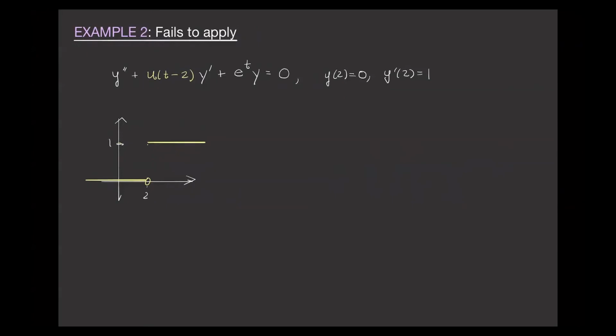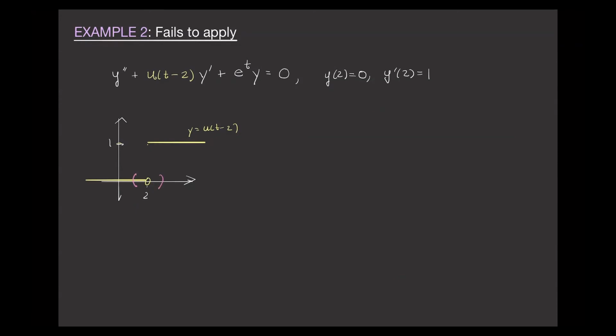Okay, in this case, we have this function u of t minus 2. So this is like y is equal to u of t minus 2. It's just a particular function we'll happen to see later anyways, but it's piecewise defined. It has this discontinuity, this jump. And now if we try to look at any interval around 2, any interval around 2 that we pick, it's not going to be continuous there.